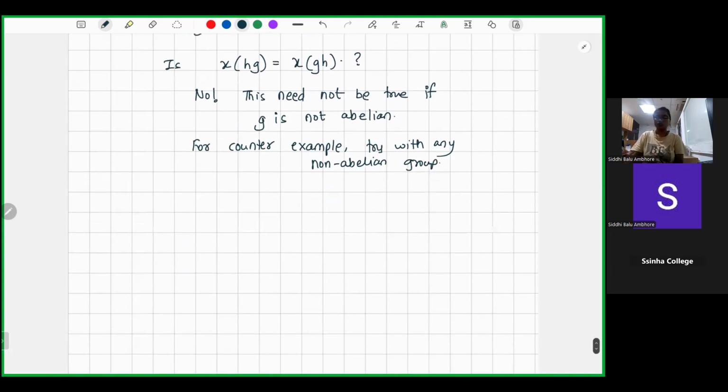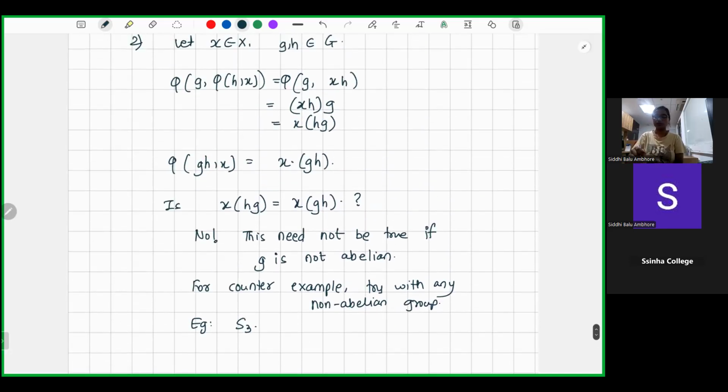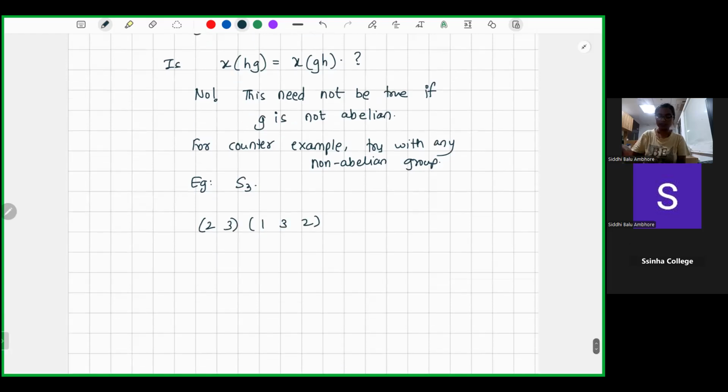Okay, so for example, we can take this S4, which we have seen in many examples where we use S4 as a counterexample at many places where we wanted something to be non-abelian. Okay, so not even S4, you can also try this with S3, and you can check that this is not a group action. You can take any two transpositions. Maybe you take (1 2 3) and (1 3 2), something like this, and try.